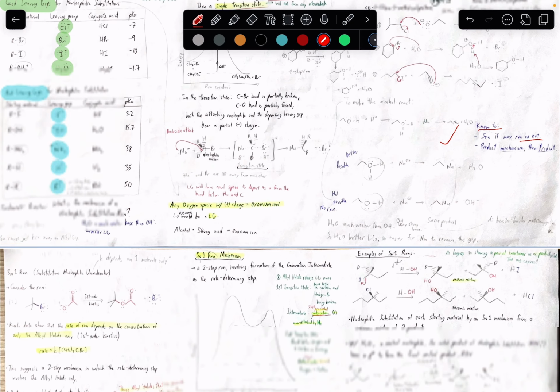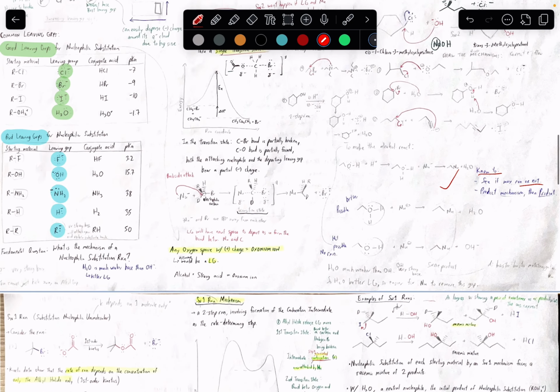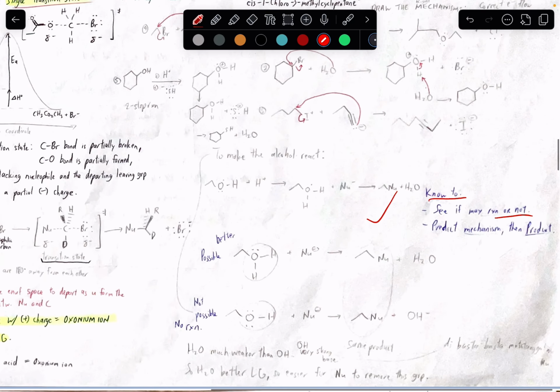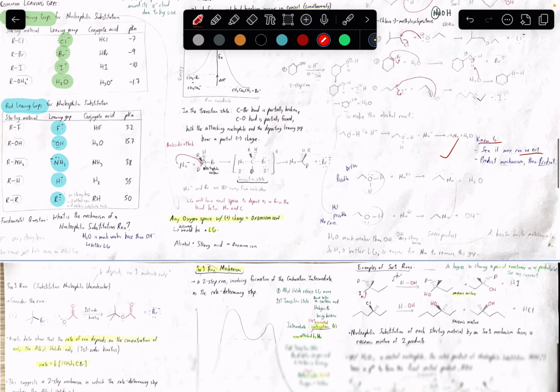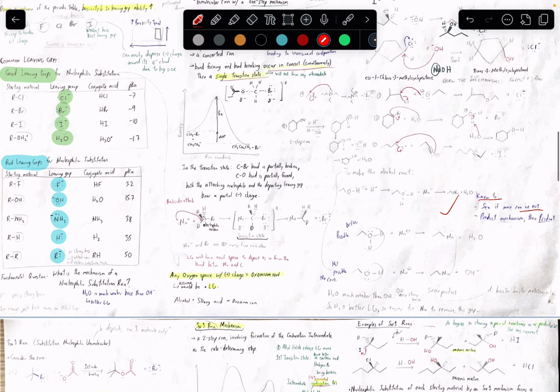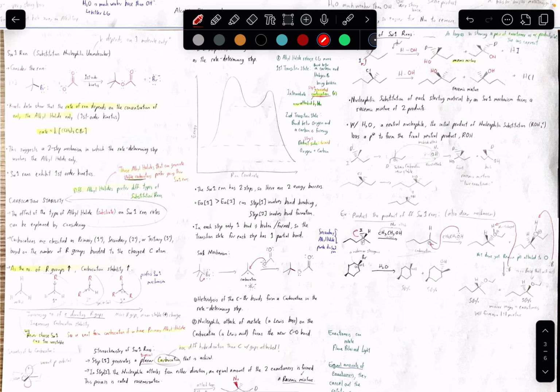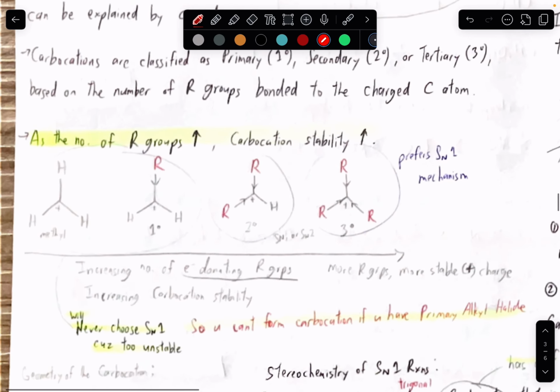Also, when it says will there be an SN2 reaction in a certain substrate, it also depends on the substrate. Where is that? It's actually here. So this is another trend that you have to know.